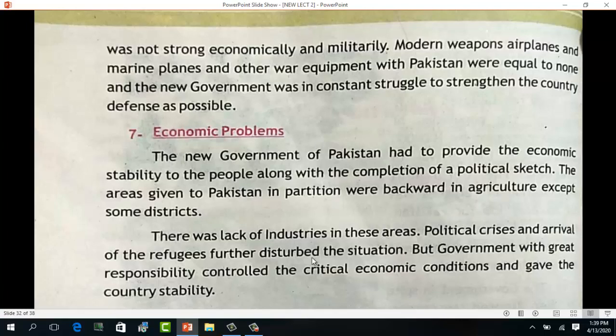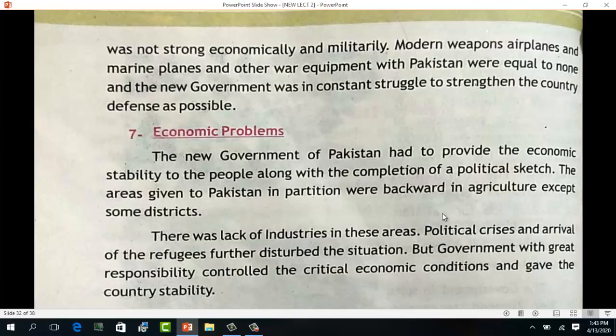The political crisis and the arrival of refugees further disturbed the situation. Economic stability leads to political stability of the country. Economic stability is in direct relation with political stability, and economic instability leads to political instability in the country.